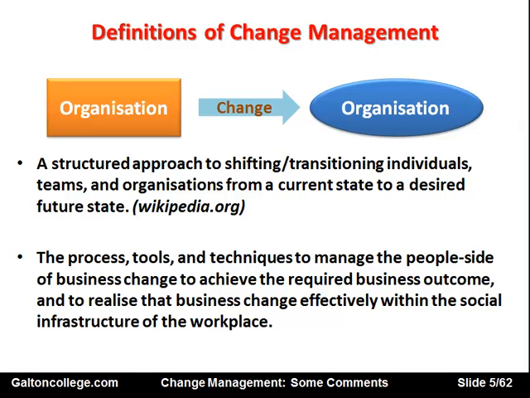Now, the reason why they may have a different set of tasks may be because the technology has changed, or the product has changed, the requirements on them has changed in some way. But all of it, of course, is within the wider social structure. People still remain people.